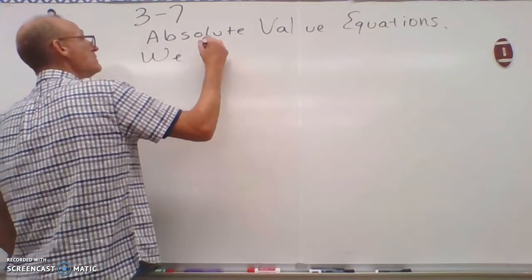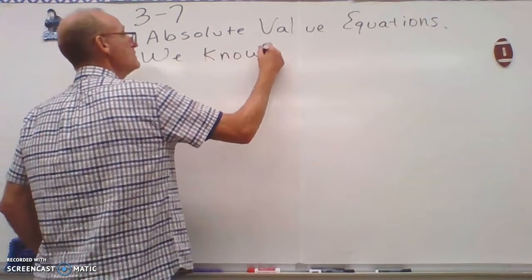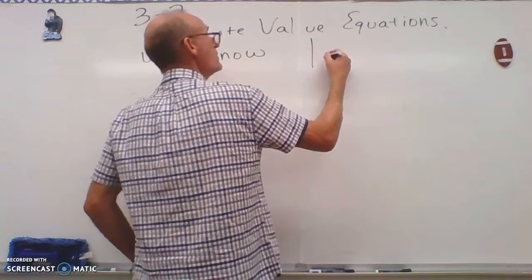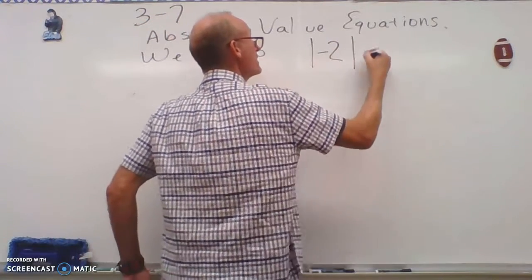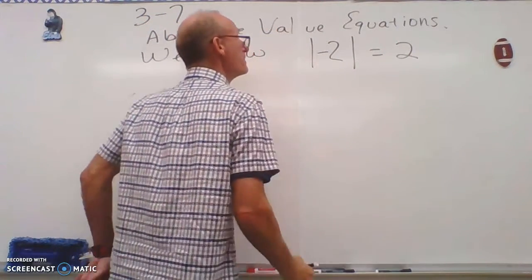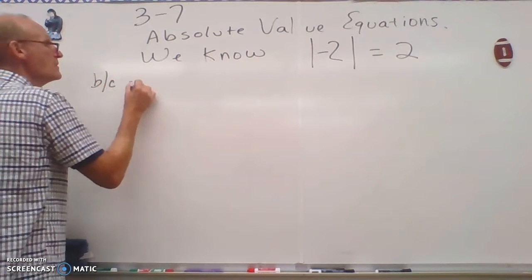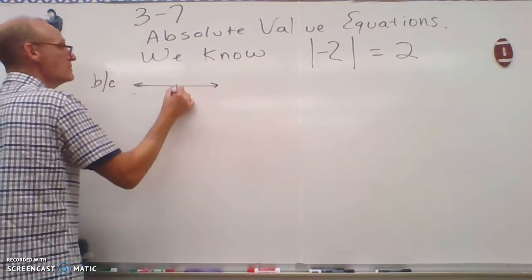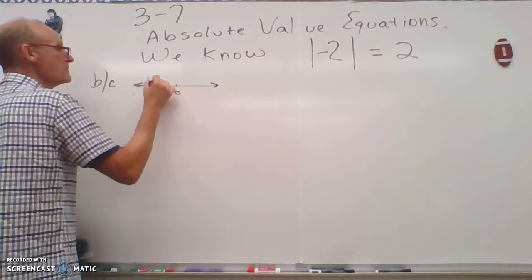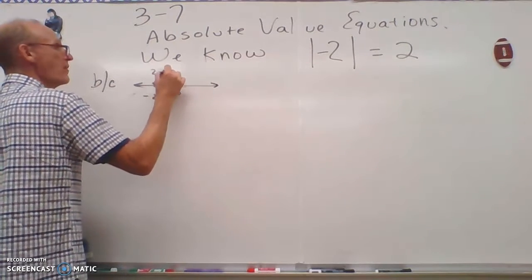We know the absolute value of -2 equals 2. That's because -2 is 2 units from 0.